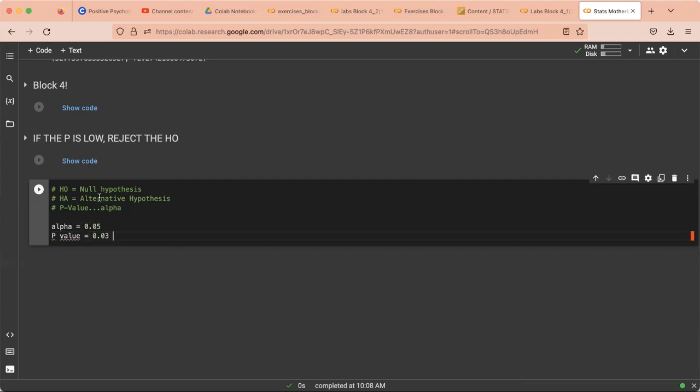So what do we do there? We reject the whole. And this is a really vulgar way to learn statistics, but that is the best way to remember when to reject the null hypothesis. So when the p is low, reject the whole.